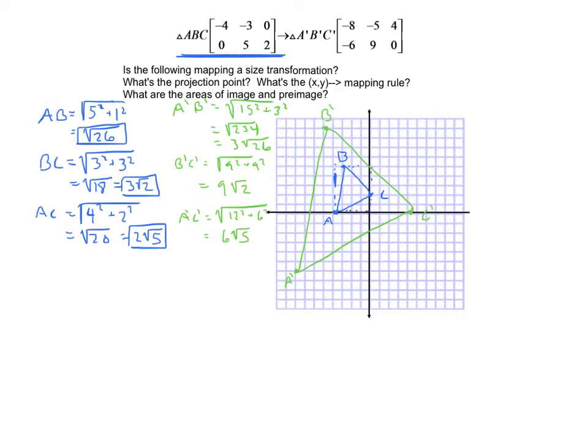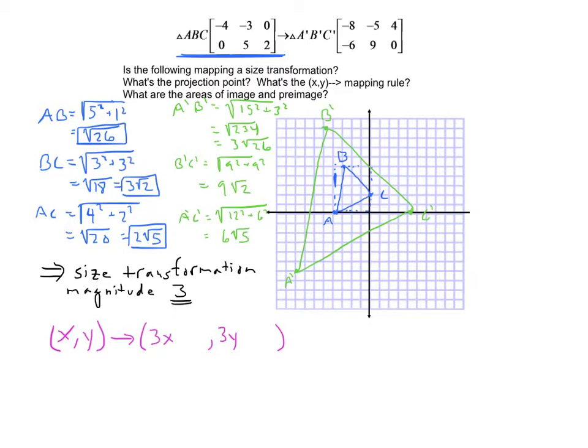Now this next part I'm going to do a little bit out of order from these questions. I'm going to actually jump to this XY mapping rule because I know there's a size transformation of magnitude 3 in there, and that helps me set up the basic structure. Because the scalar here is a 3, xy is going to be mapped to 3x something, comma 3y something. This 3 in there is important.